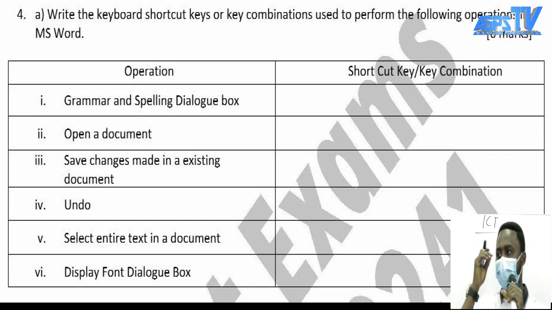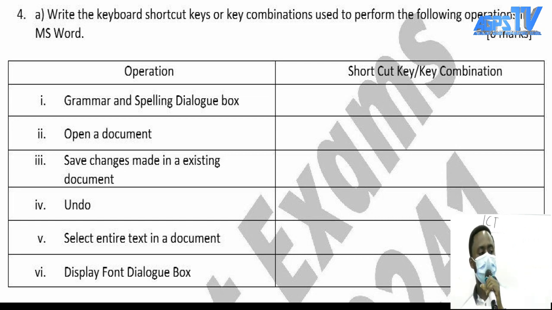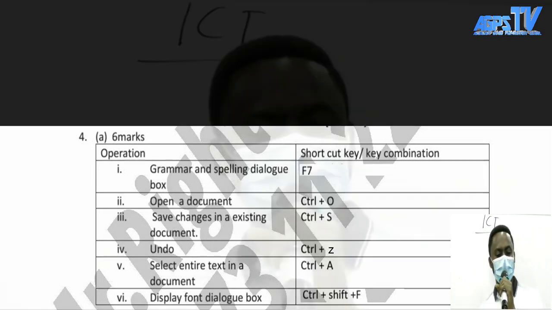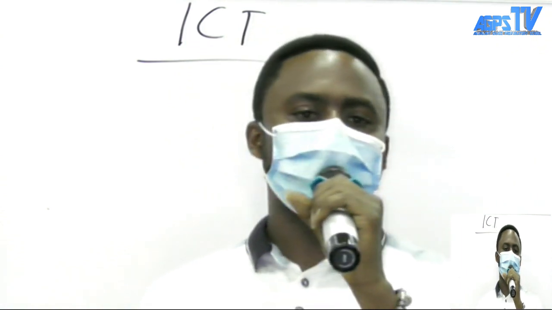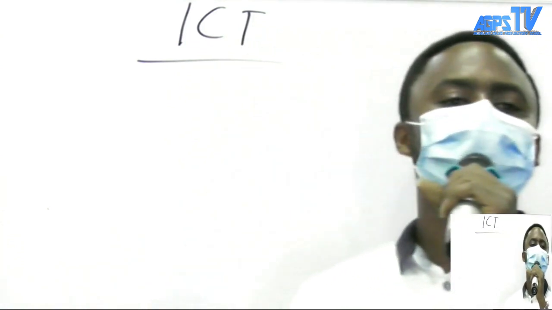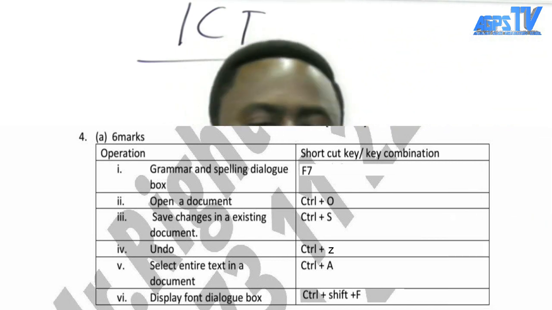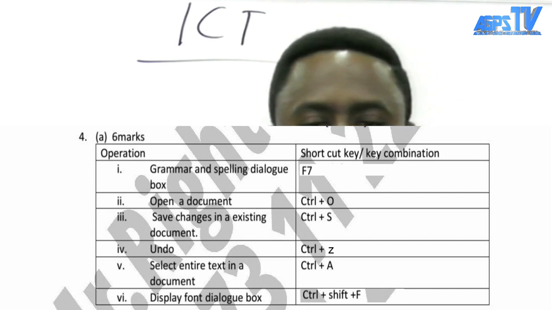Now, as I said earlier on, if you have a personal computer, I would humbly urge that you get close to it, because this is somehow practical. Good. So the keyboard shortcut for the I, that is grammar and spelling dialog box, is F7 on your keyboard.